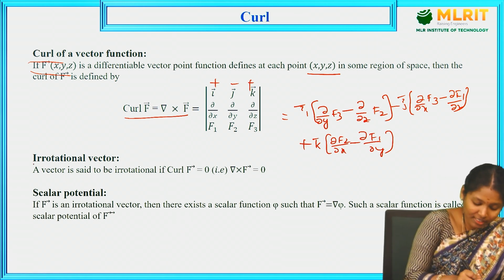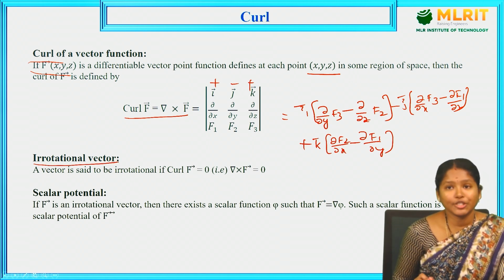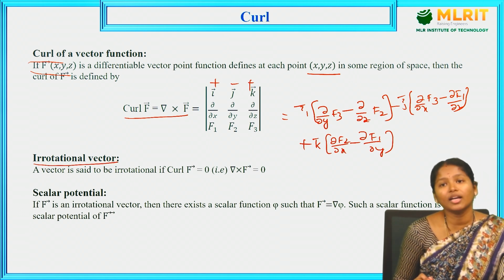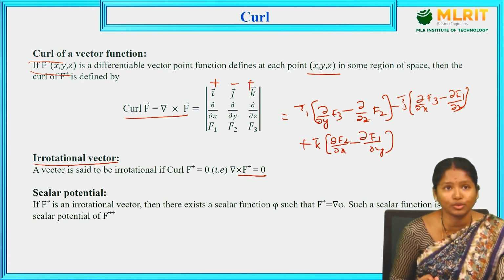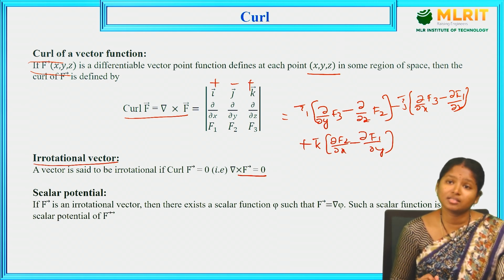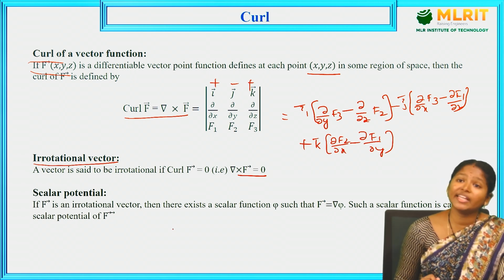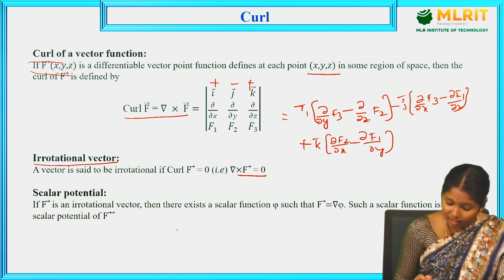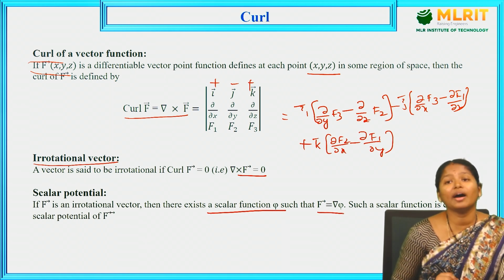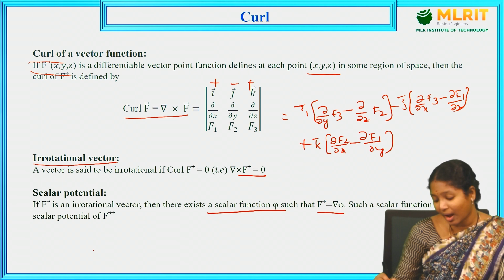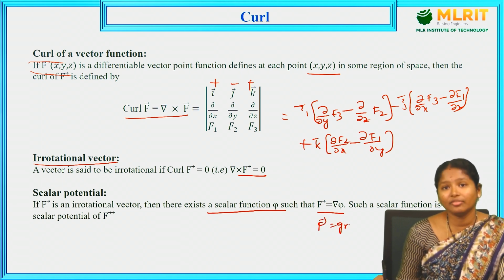Irrotational is the application of curl. If curl f bar equal to 0, or del cross f bar equal to 0, that vector is said to be irrotational. If any vector is irrotational, then there exists a scalar point function phi such that f bar equal to del phi, meaning f bar equal to grad phi.